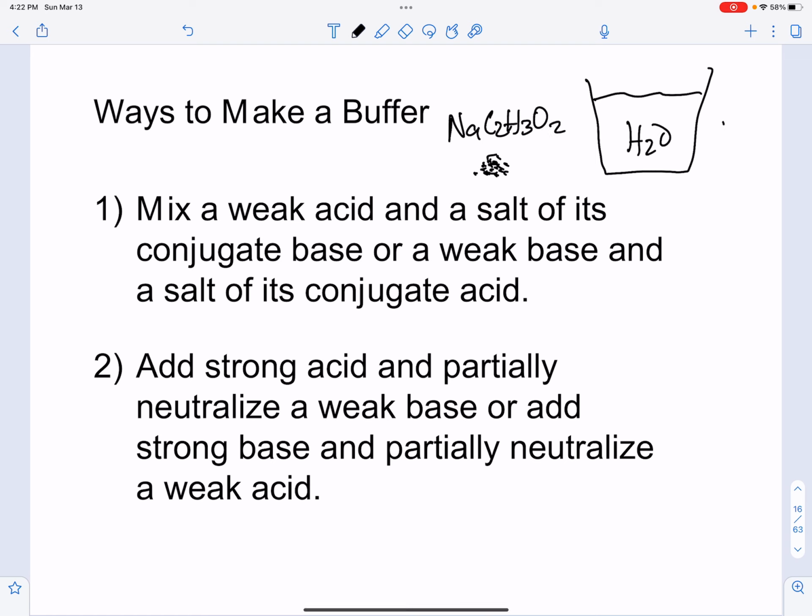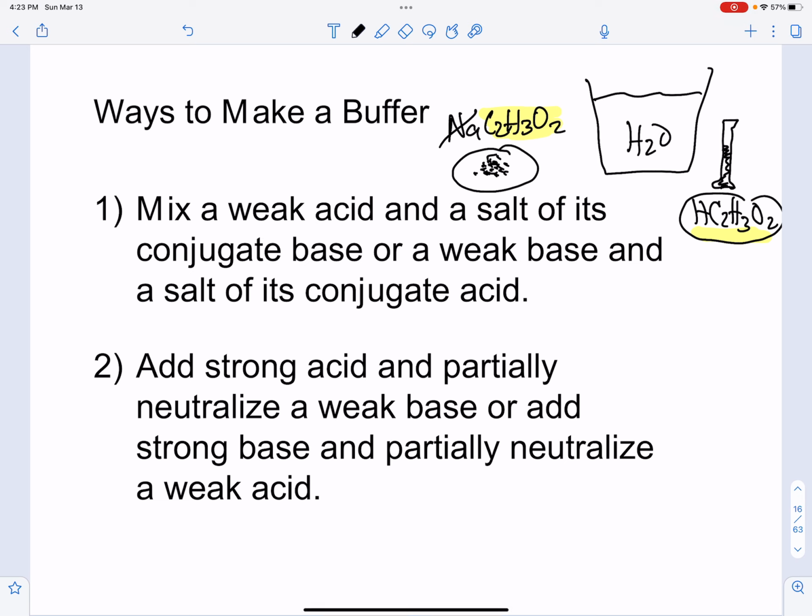And you can also add a little bit of acetic acid. Therefore, you are adding the acid and you are adding its conjugate base, C2H3O2 and C2H3O2 minus if you get rid of the sodium, which is going to be floating around the solution. So you can add a solid, and the acid, and that will give you a buffer.